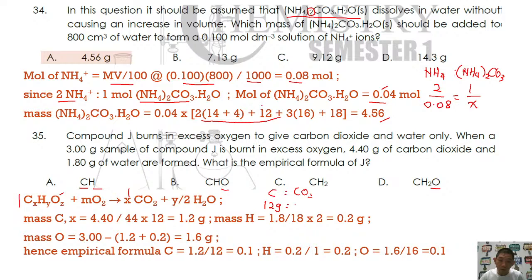And at the same time, 1 mole of carbon dioxide is 44 grams, isn't it? 12 and 44 are the RMM for carbon and carbon dioxide. So still the same, you use the ratio method to get the mass of the carbon. So they already give you 4.40, so at the end, you can find out that your mass of the carbon is 1.2 gram.